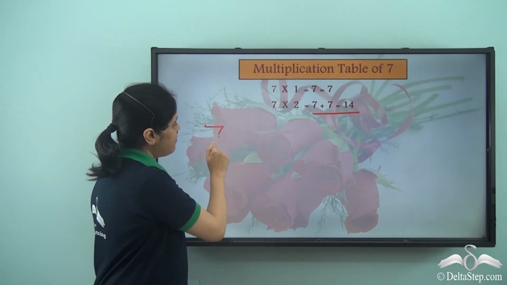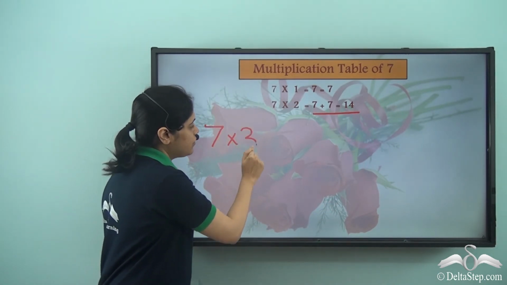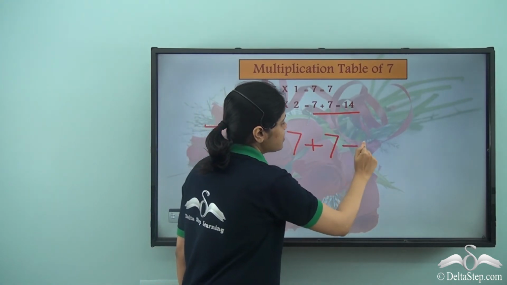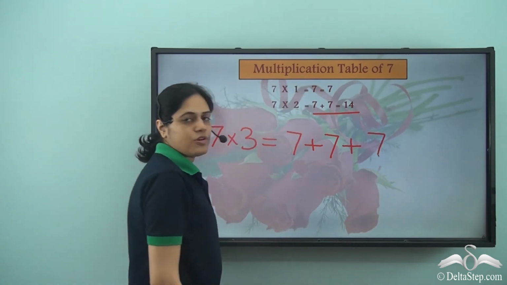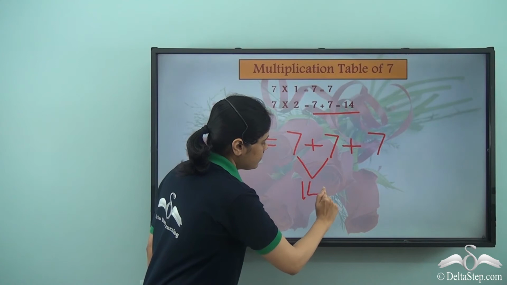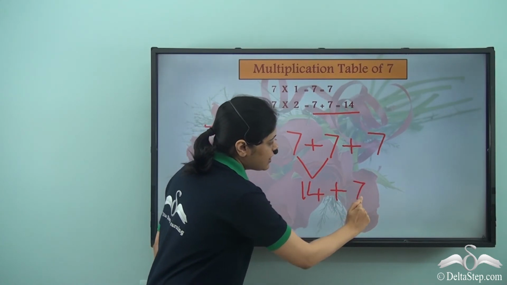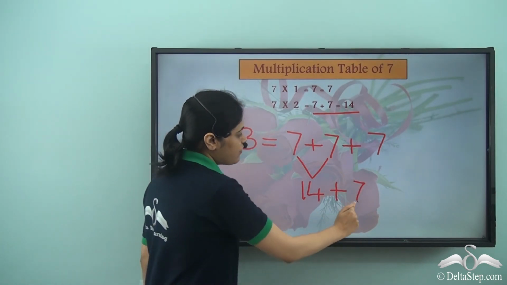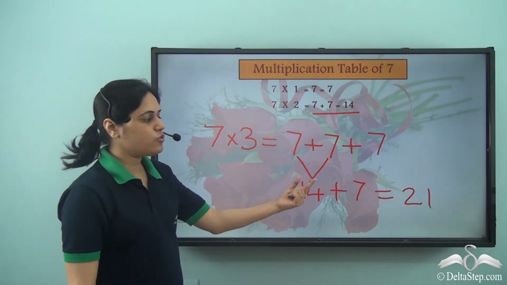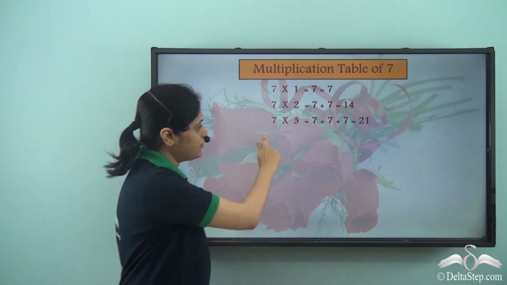Now I have 7 into 3, which is 7 added 3 times. What is 7 plus 7? 14. And what is 14 plus 7? 21. So 7 into 3 is 21.